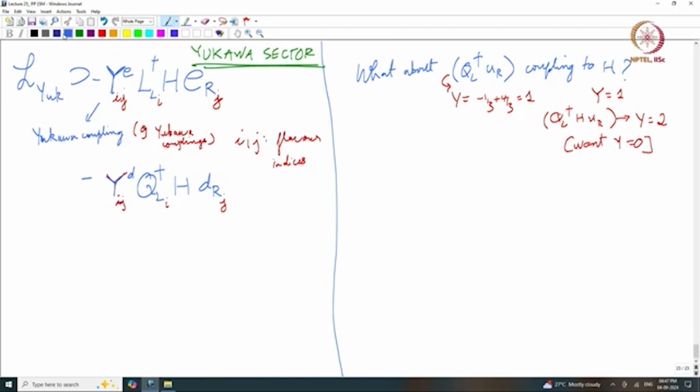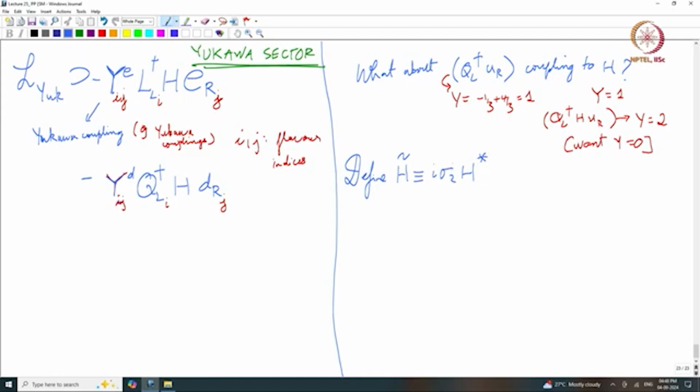So it's important to look at what's going on here. Let me define a field in terms of the Higgs field only, but as an H star. Okay, you can see where I am going with this, right?